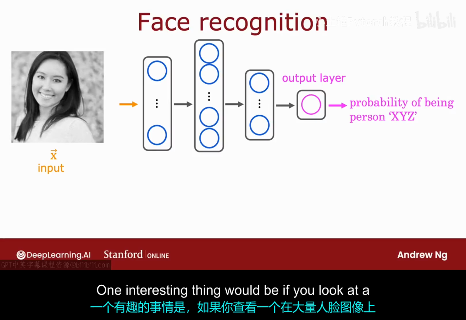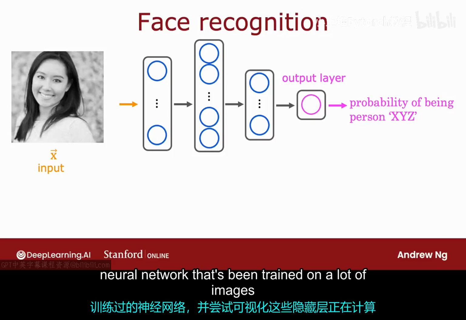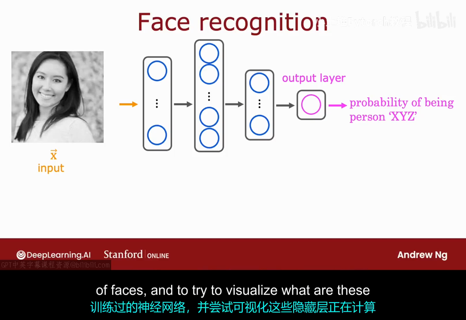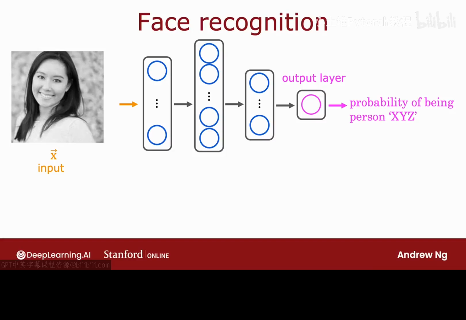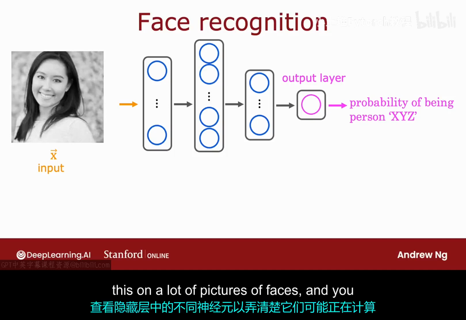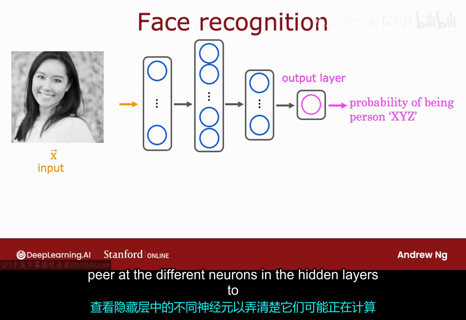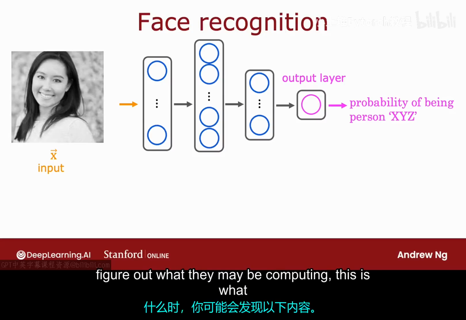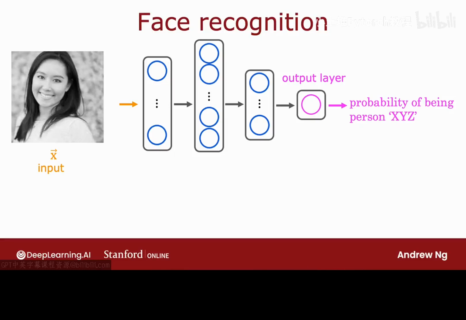One interesting thing would be if you look at a neural network that's been trained on a lot of images of faces and try to visualize what these hidden layers are trying to compute. It turns out that when you train a system like this on a lot of pictures of faces and you peer at the different neurons in the hidden layers to figure out what they may be computing, this is what you might find.